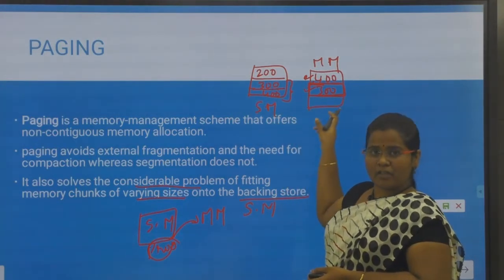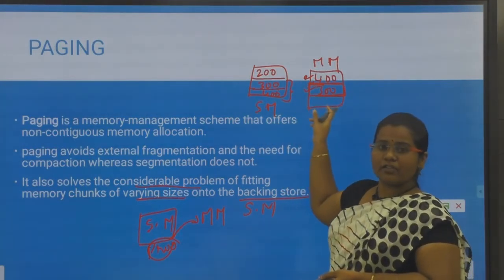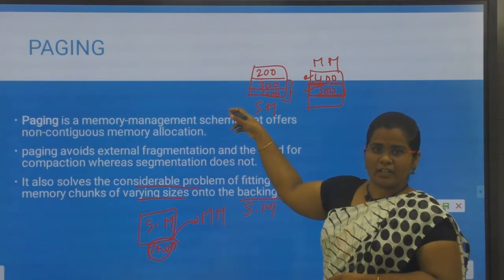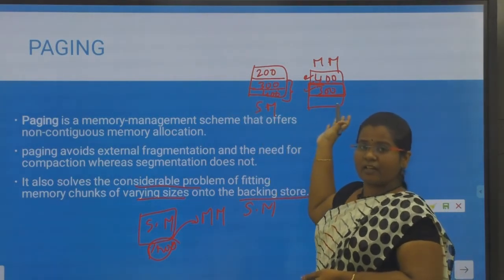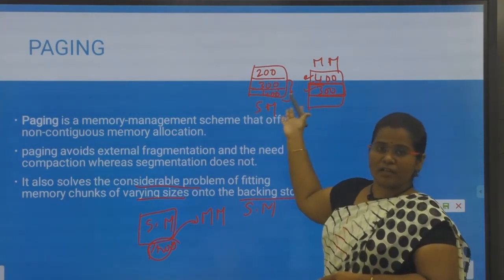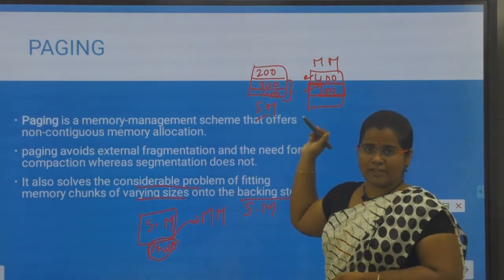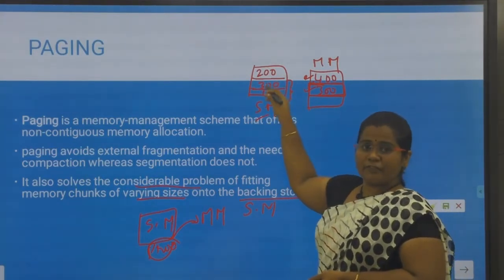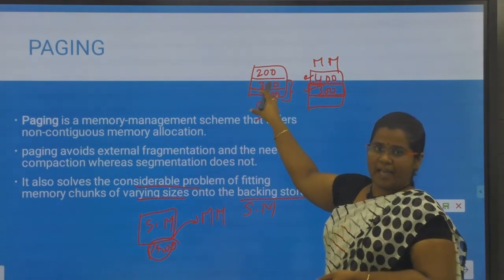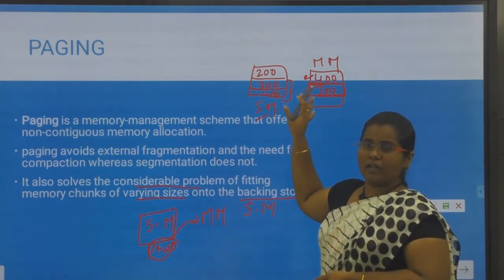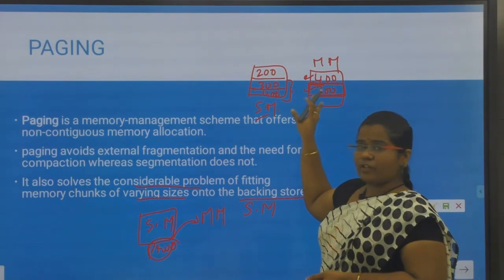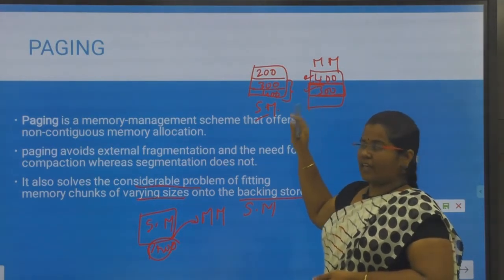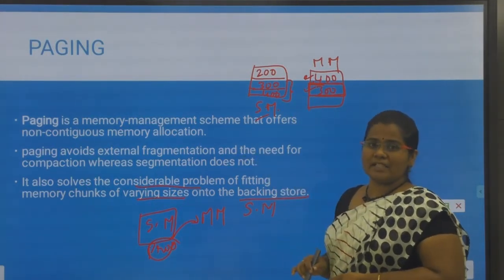After completing the process execution, you need to restore these segments back to the secondary memory. That is not so easy, because we may have different sized memory gaps in the secondary memory. In order to remove that difficulty, we have gone with the paging technique.